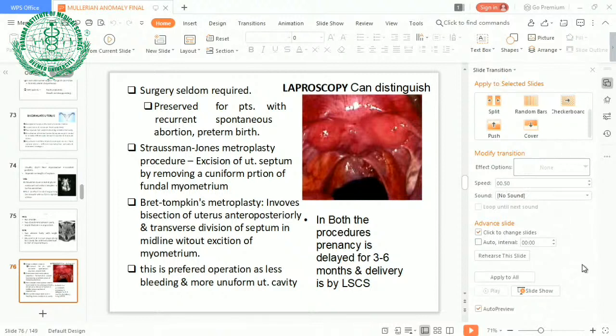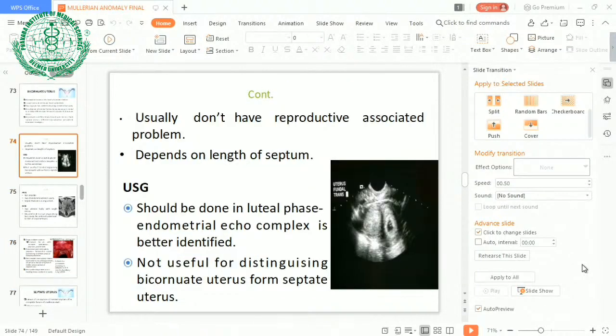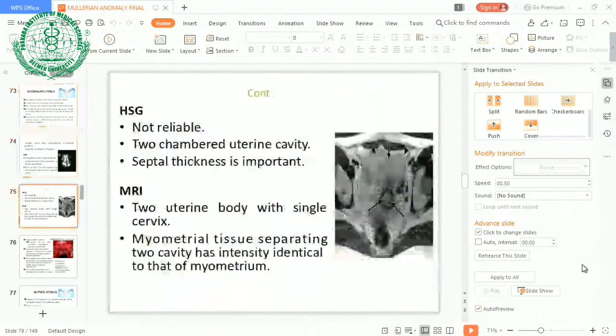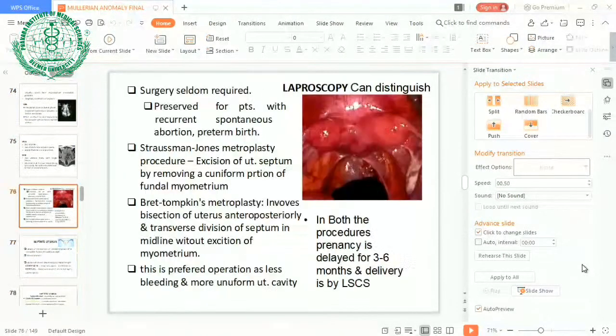This is actually done in septate uterus rather than bicornuate uterus. Now, since we are dealing with bicornuate uterus, Bret-Palmer metroplasty is not done for bicornuate; it is the Strassman-Jones operation.